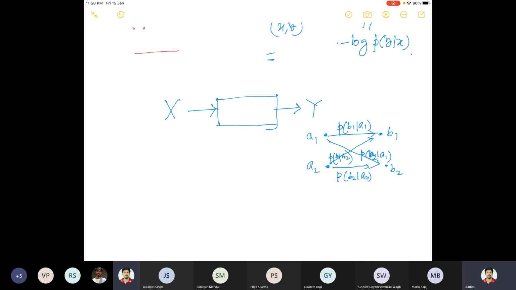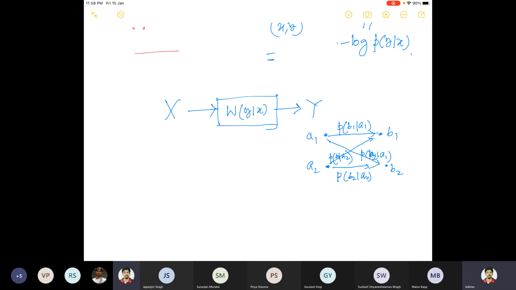So these probabilities induce some randomness, some kind of error, or something called noise. That's why this probability distribution induces this noise. Sometimes there is something called white noise and other kinds. So sometimes we'll denote this by W, let's say W of Y given X.